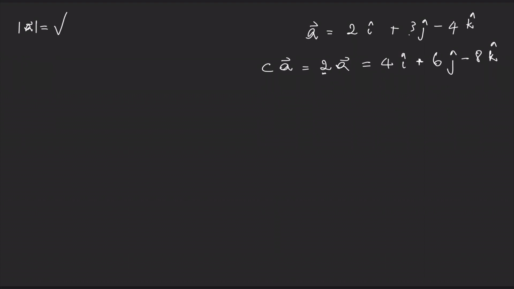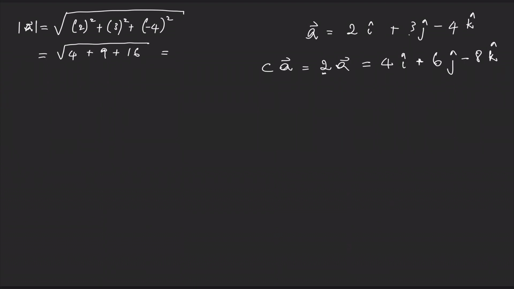So this is going to be the square root of 2 squared plus 3 squared plus negative 4 squared, and that will all be under this square root. So that's going to be what? 4 plus 9 plus 16. So this is going to be 29.